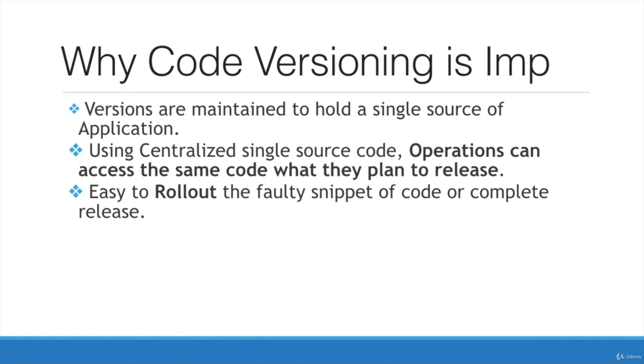With the help of the version control system, we can use a centralized code repository, and operations can access the same code they plan to release. This is very simple. It is easy to roll back the faulty snippet of code, or the complete release.